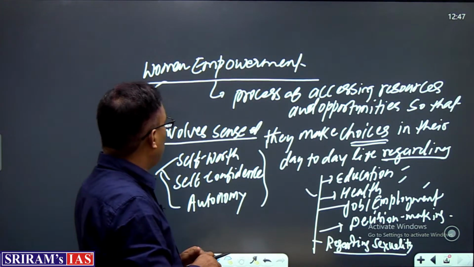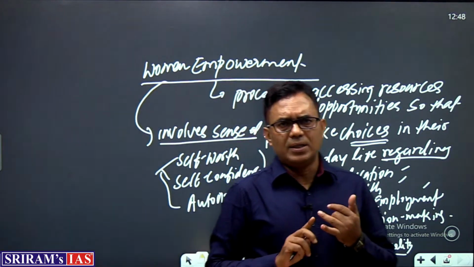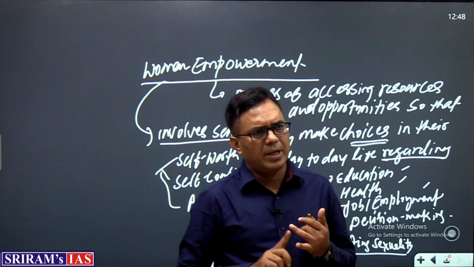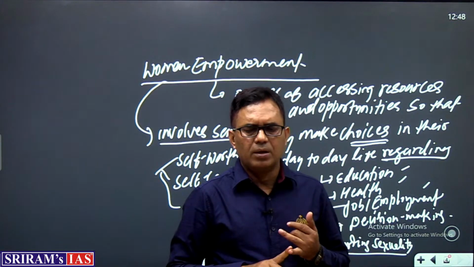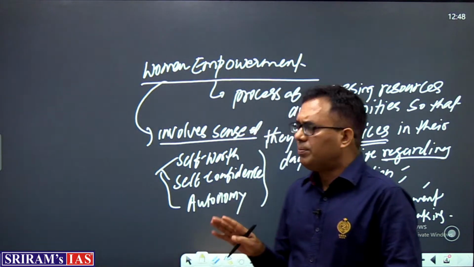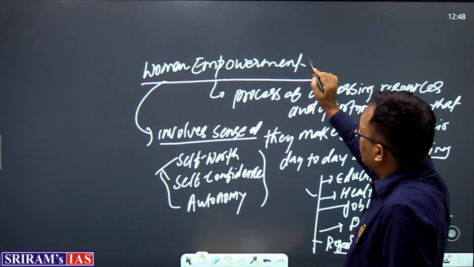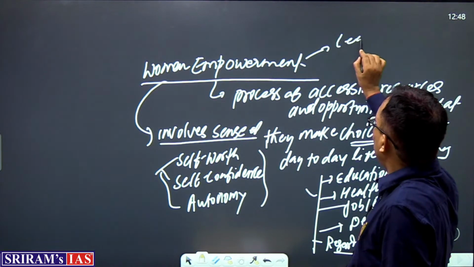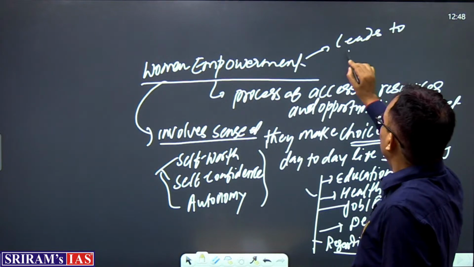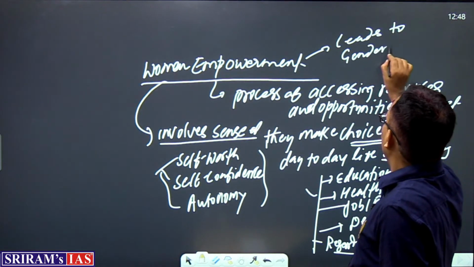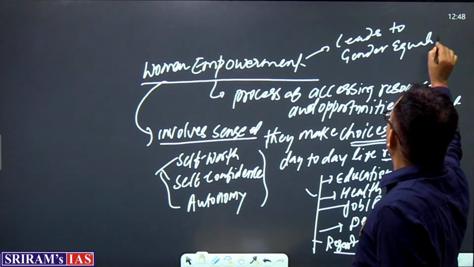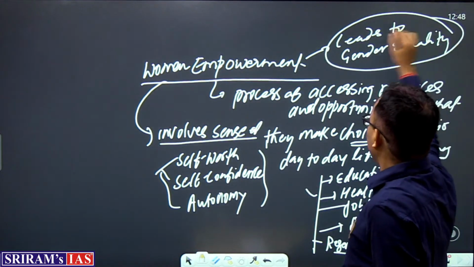So this is the word social empowerment, which I just tried to define briefly. So first gender equality, second gender equity, third woman empowerment, and woman empowerment also leads to gender equality.